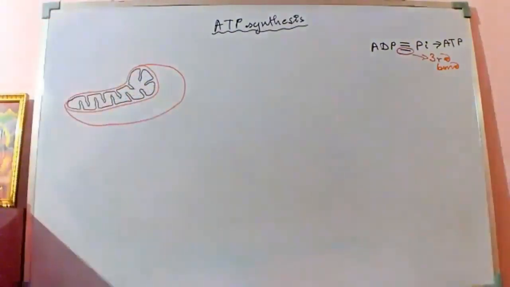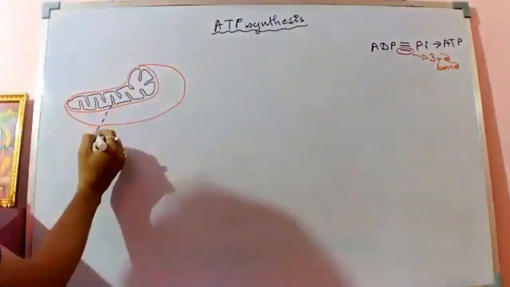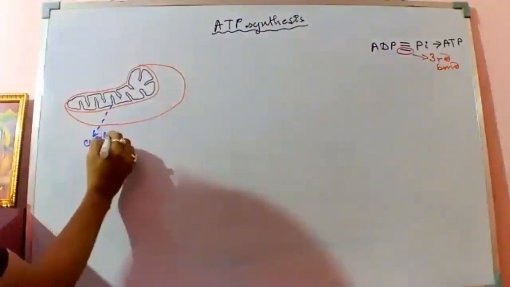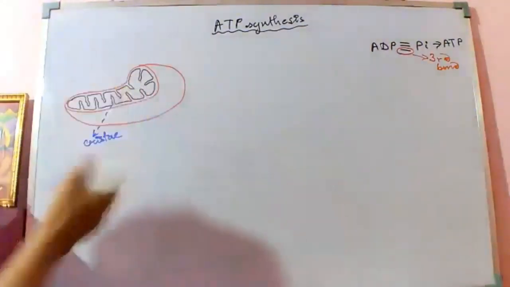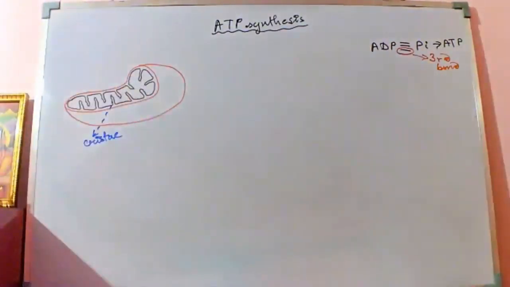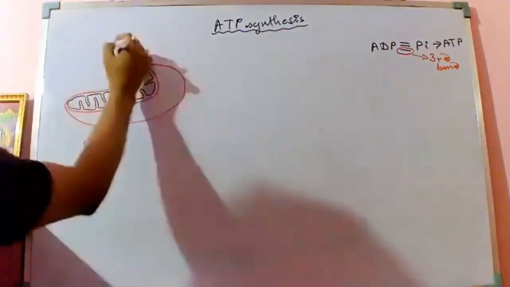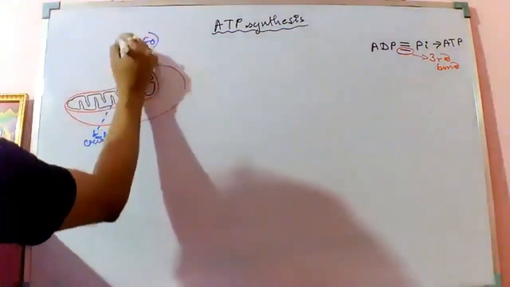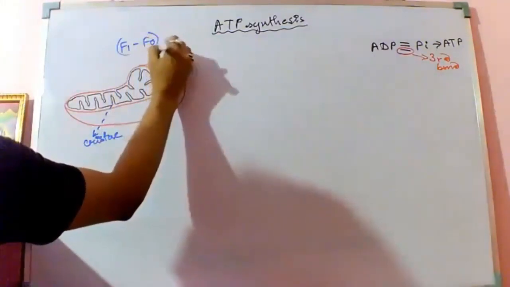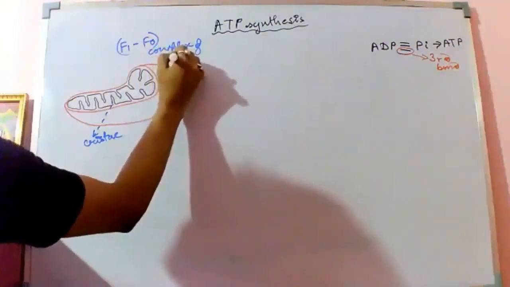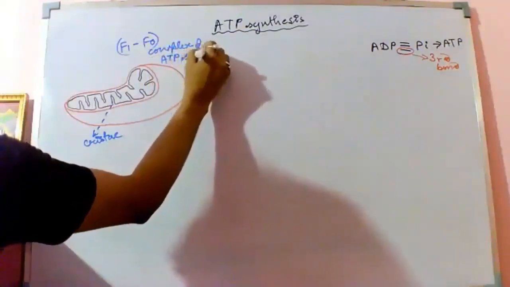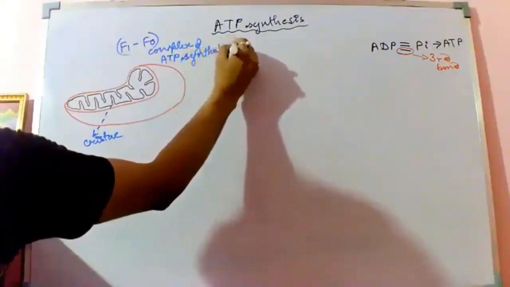Now here, the cristae, these are the cristae, right? These things are known as the cristae or folds of the inner membrane, and that is the outer membrane. Now this cristae is having two particles actually, the F1 particle and F0 particle. This F1 and F0 is a complex of ATP synthetase enzyme.